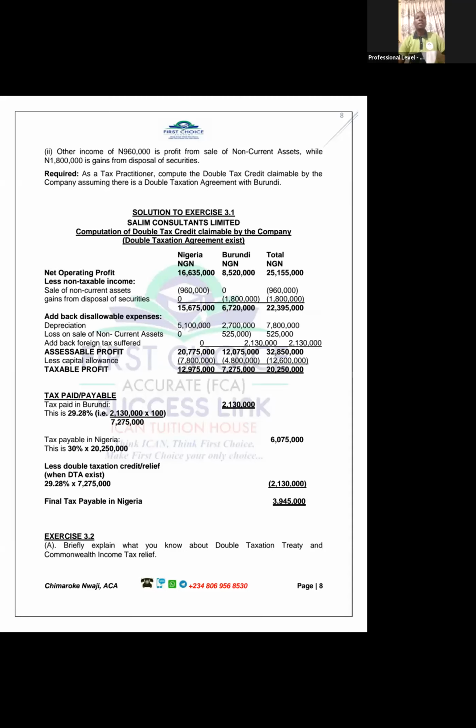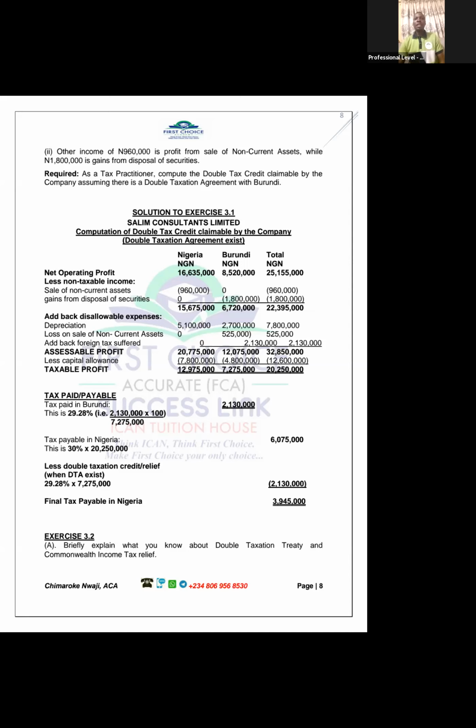So that's it. From what you see here, when there is a double taxation agreement between two countries, the smaller tax paid within the two countries becomes the tax relief.